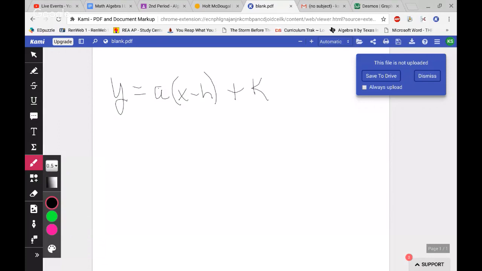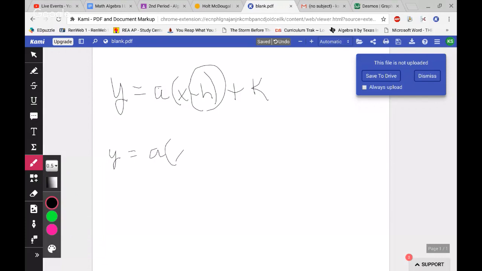This right here is obviously linear, and so this part right here is where you're going to go either left or right on the graph, and it's the opposite. When I say it's opposite of what you would think, obviously when we think minus, we think left, but it actually means to go right.